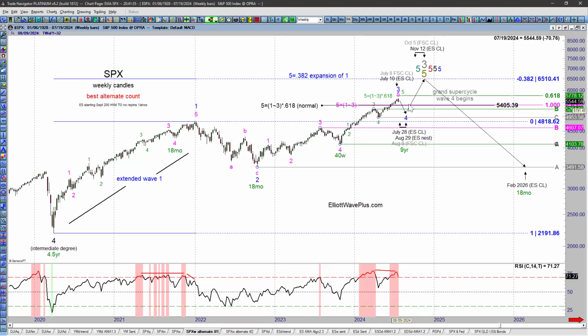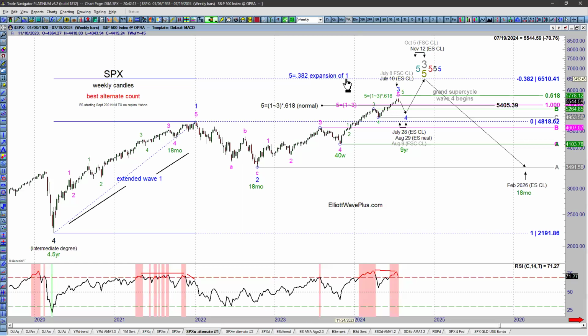And then you get an ABC down for wave 4 here. It does not need to overlap, and you still get a 5-wave up structure here. The main difference is that it raises the Fibonacci target for the end of this blow-off bubble. It takes it all the way up to 6510.